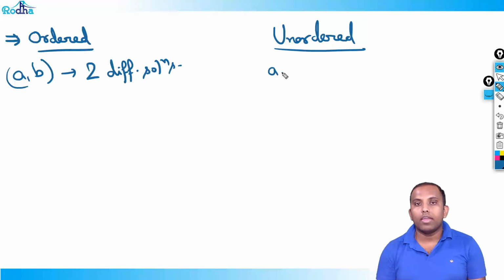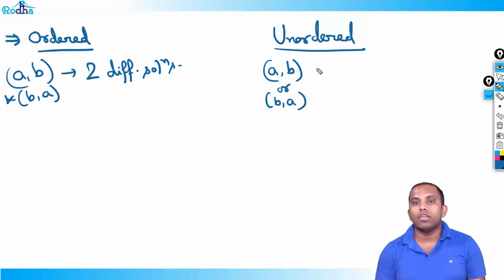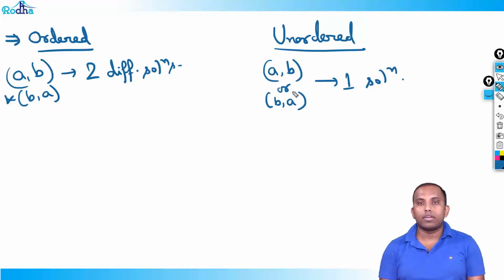In unordered, a comma b or b comma a is only one solution. So we have to understand this concept.